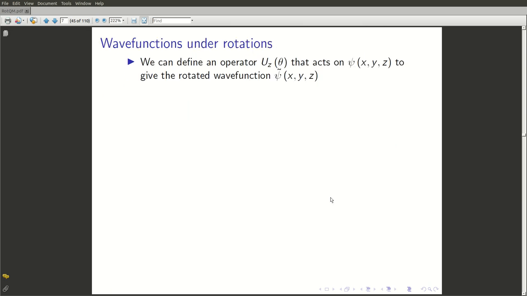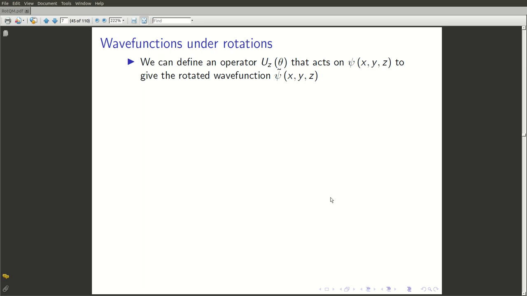So we can describe this change of the wave function from one wave function psi to a new wave function psi tilde by an operator U_z of theta. This operator of course is the same as the thing that we have been calling the transformation T earlier.